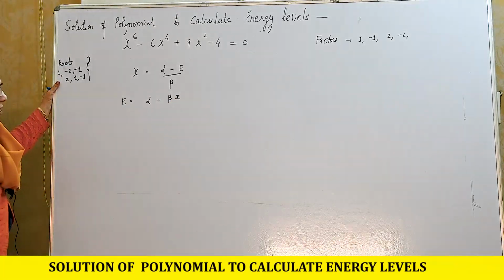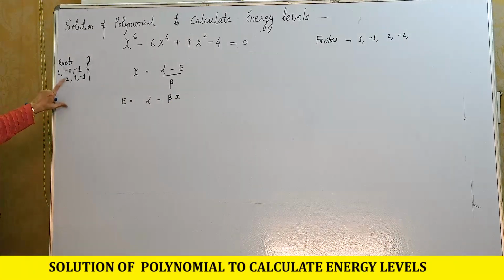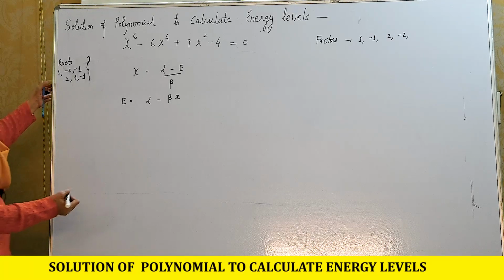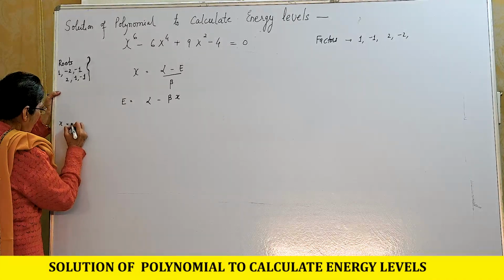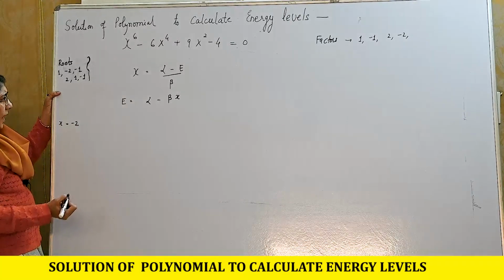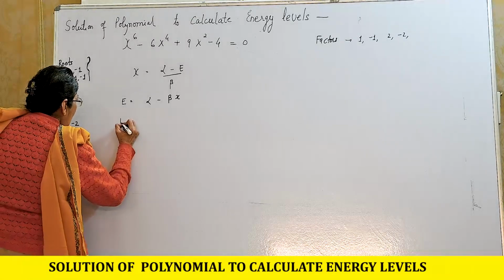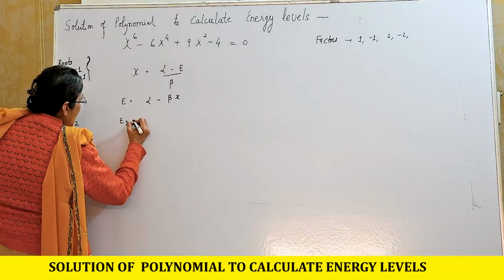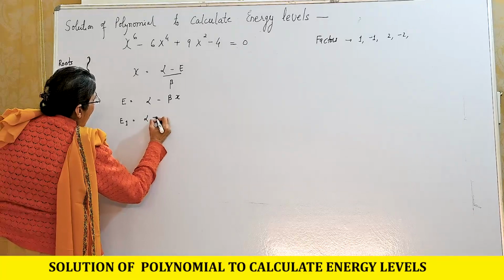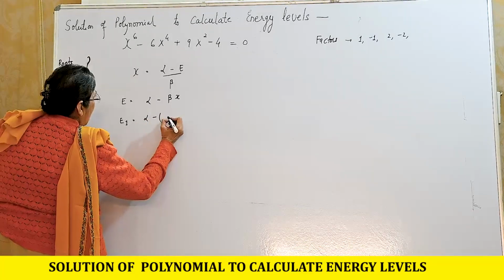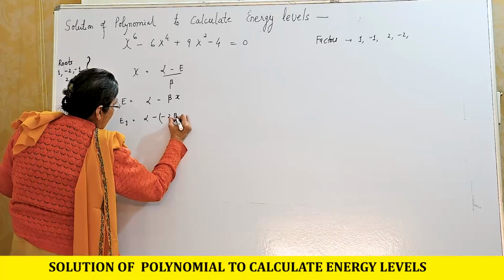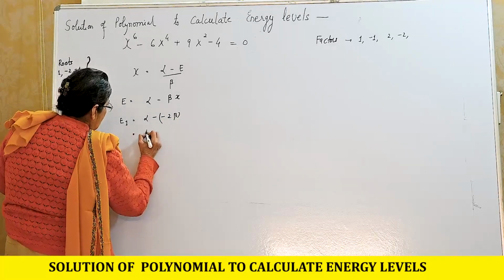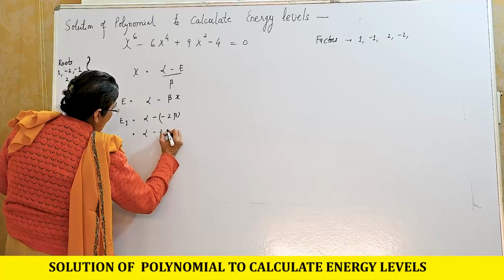One by one we will keep the values of this x and get the energy levels. Suppose first we take x is equal to minus 2, then energy level E1 is equal to alpha minus, this is minus 2, minus 2 beta, and this is alpha plus 2 beta.